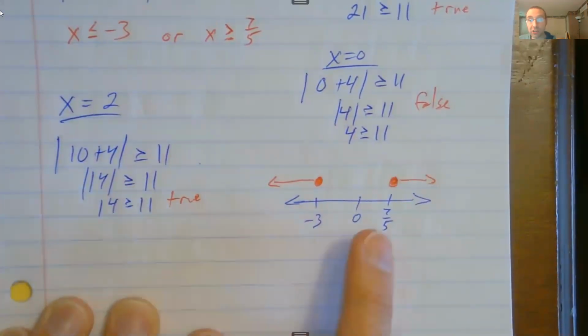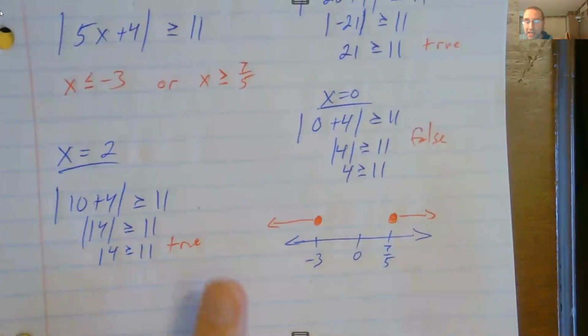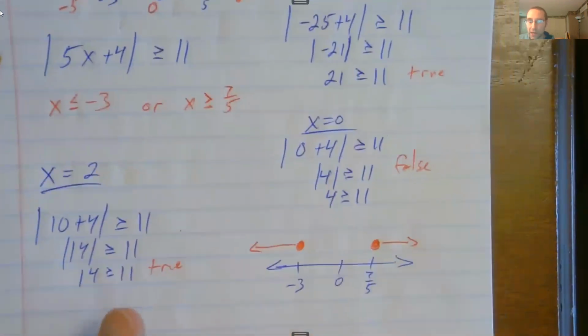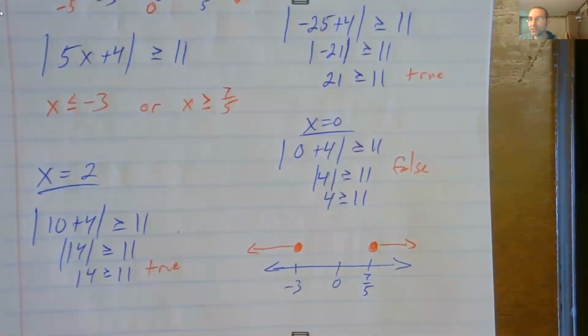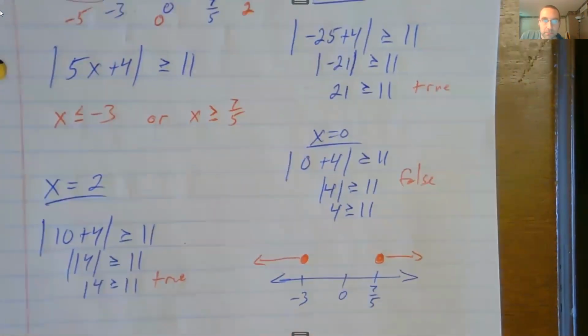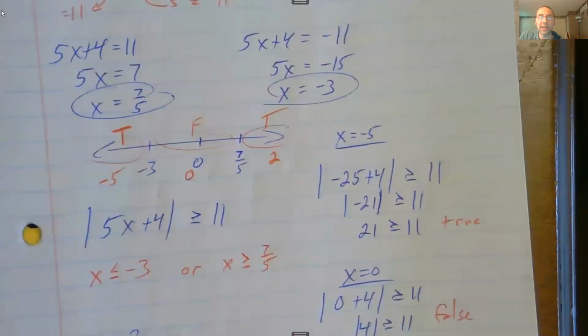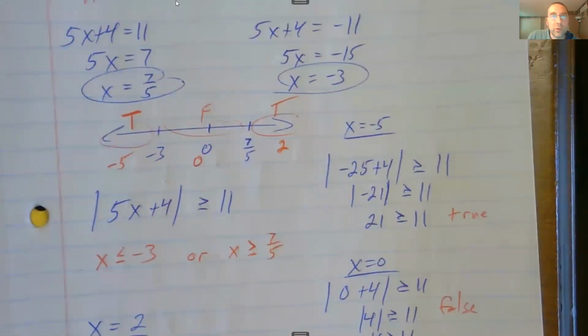So the solution here looks a little different in that we're including the values out towards the ends, to the left and the right, whereas on the previous problem, we had a solution where everything was in between the two boundary points. All right, so hopefully that helped you in figuring out how to solve these absolute value inequalities.